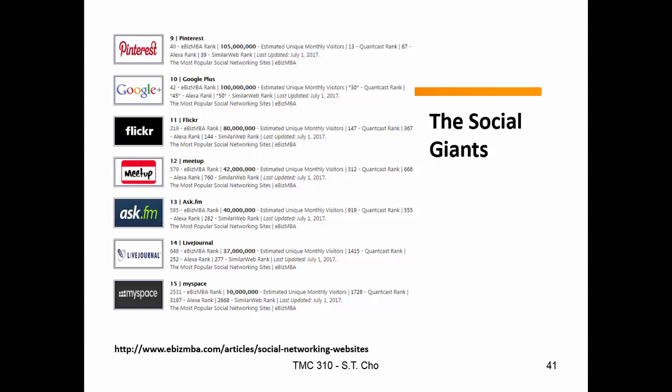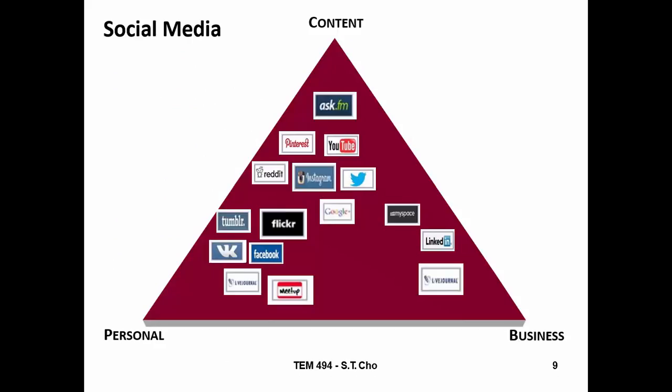And here are some of the other social giants, such as Pinterest. MySpace is still around, still kicking. Now, the big thing we see about social media is that it tends to be one of three types.